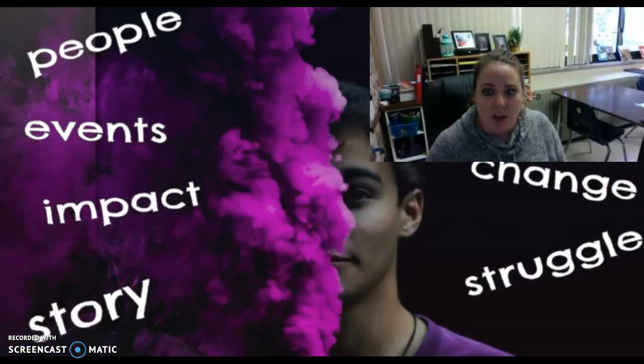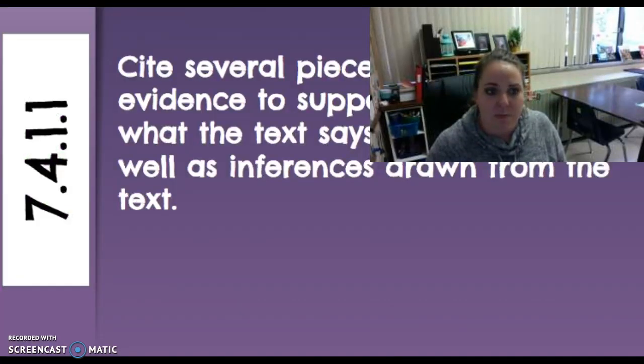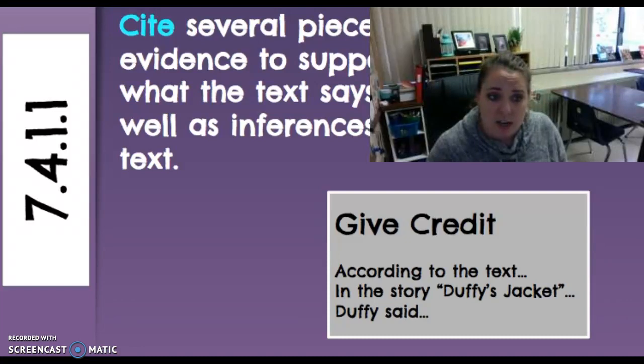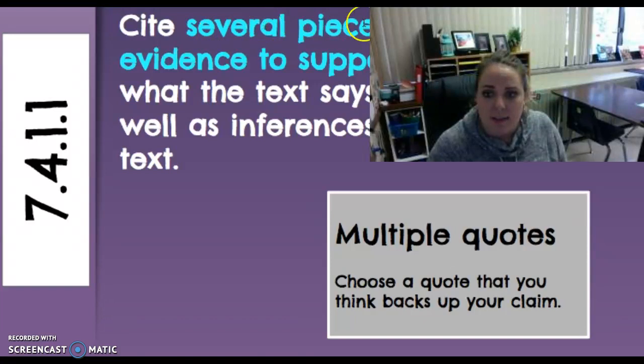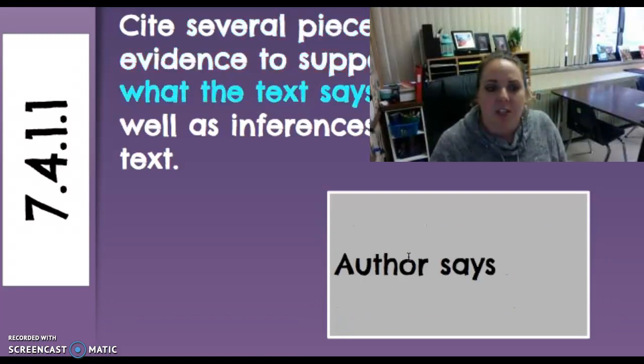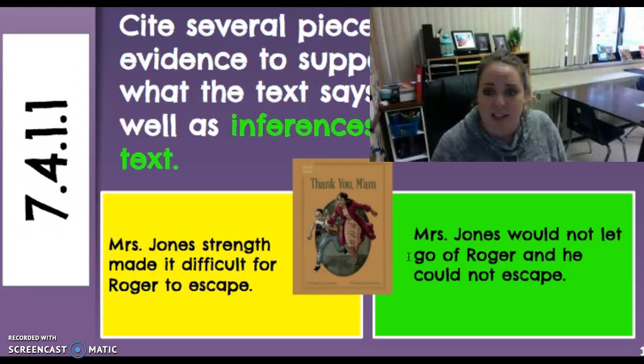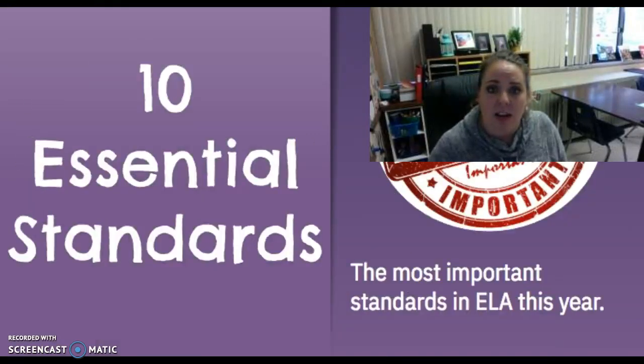And I even went through, you've seen these slides a bazillion times, but these down here, starting at slide number 5, I go through and give examples of definitions for each of the terms in the standard, right? Several pieces of textual evidence to support analysis means that you're using multiple quotes. You are backing up your claim statement or what you think using multiple quotes. And so I went through and you can just go through and read this. You can look at the examples and you can learn about this essential standard, right?